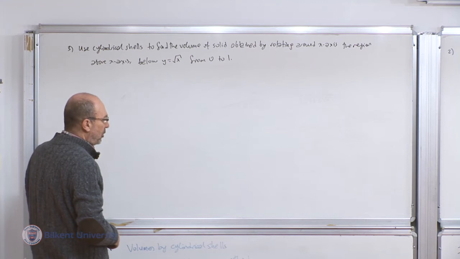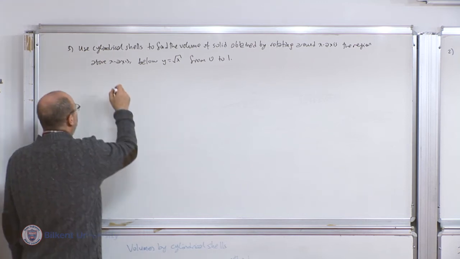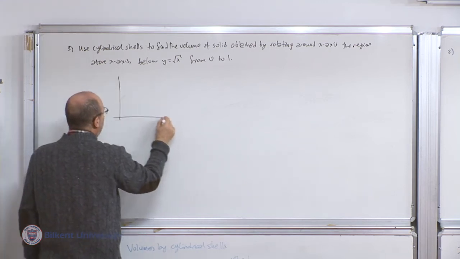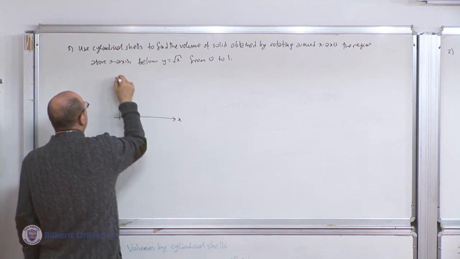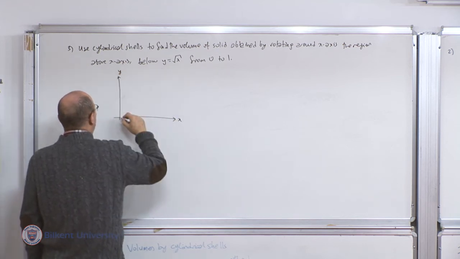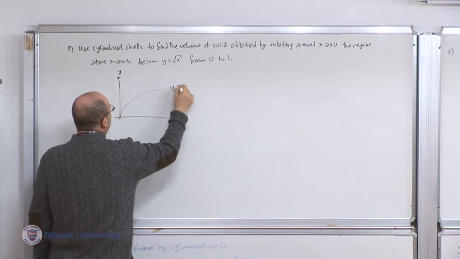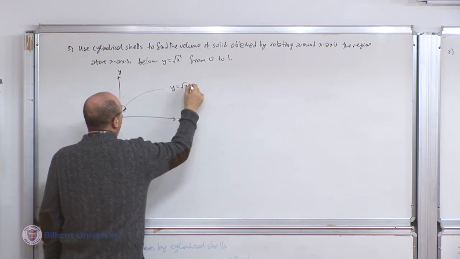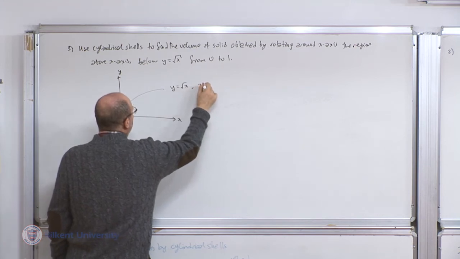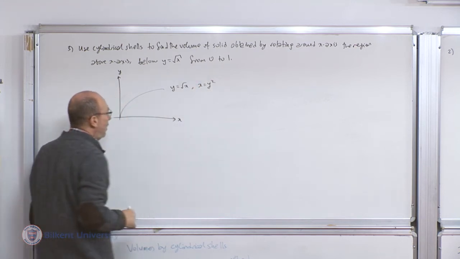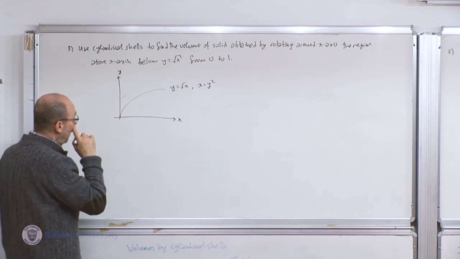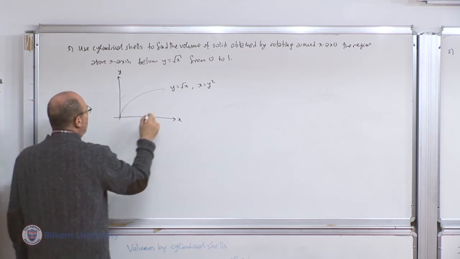In such simple calculus problems, you immediately draw a picture, x, y. So this is square root of x. It is something like this. y equals square root of x, or the same thing as x equals y squared. I look at the region from 0 to 1.